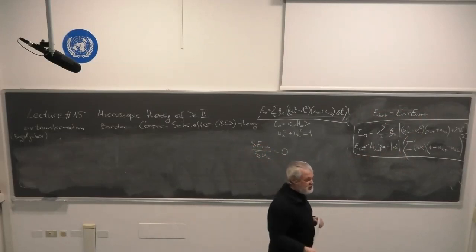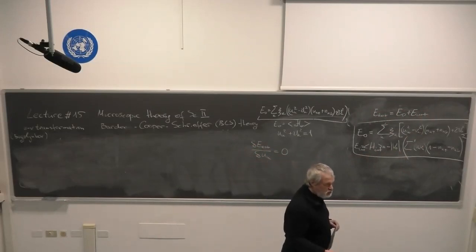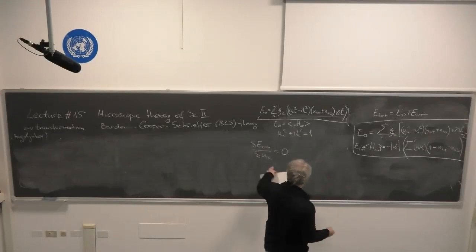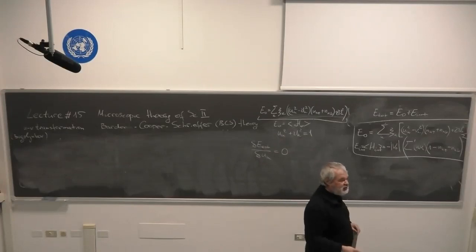So I'm minimizing the energy of the ground state with respect to coefficient U, because U and V are connected. It will give me a possibility to find a second nonlinear equation for U and V, which I solve, find this UV coefficient explicitly, and obtain the BCS equation.